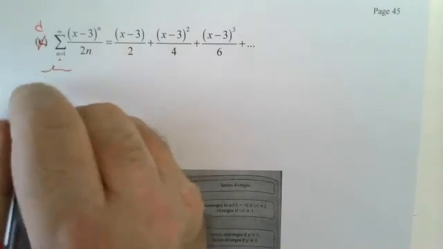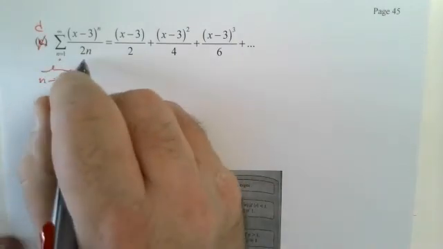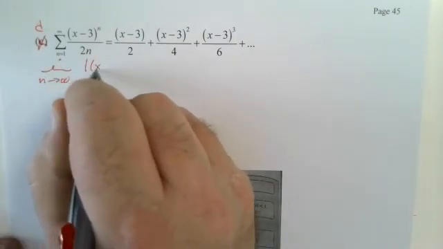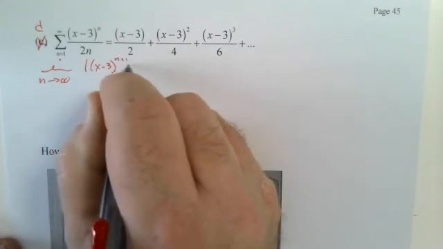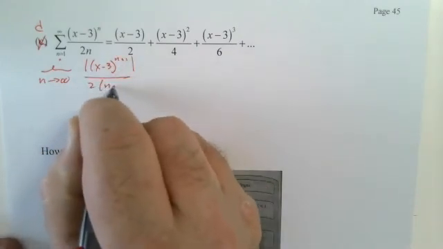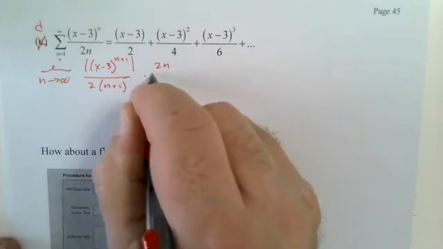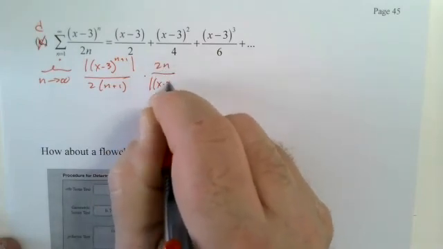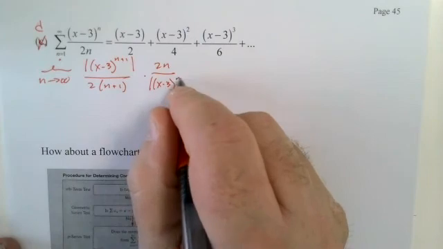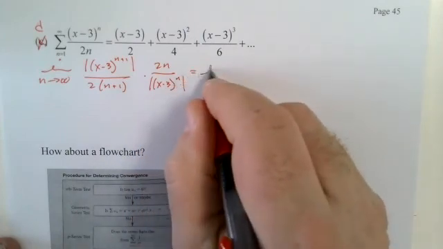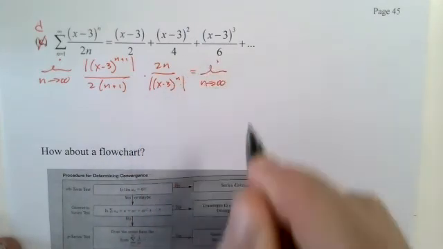So same as always, n goes to infinity. Absolute value of x minus 3 to the n plus 1 over 2n plus 1, times 2n over absolute value of x minus 3 to the n, equals the limit as n goes to infinity.